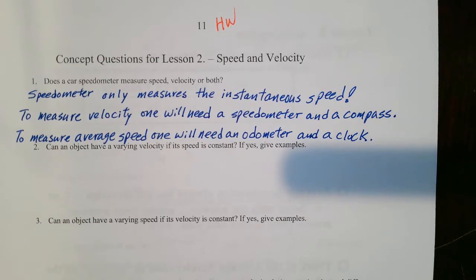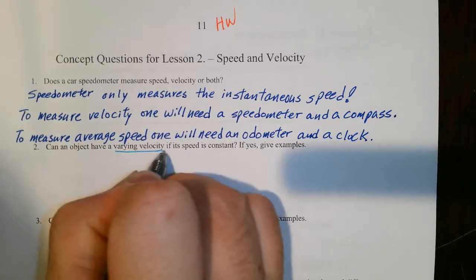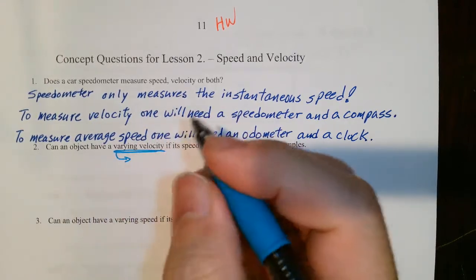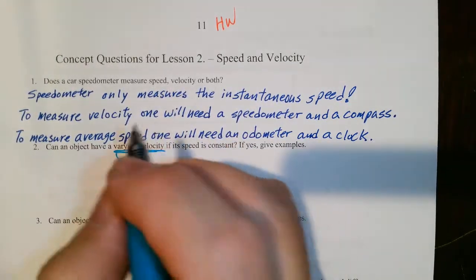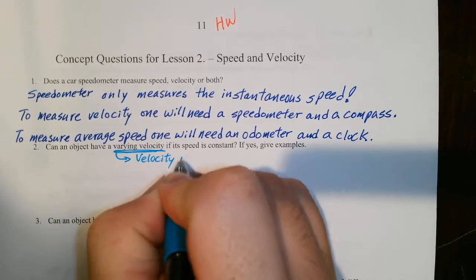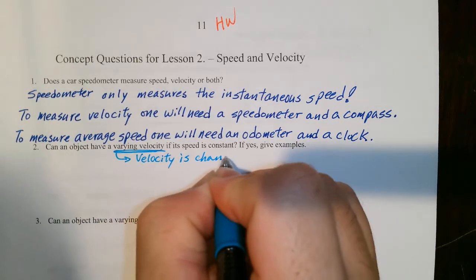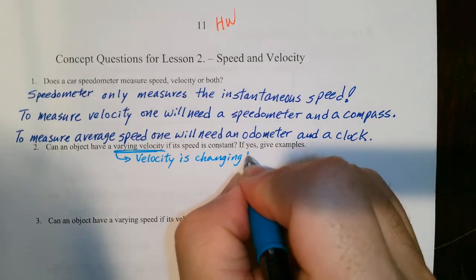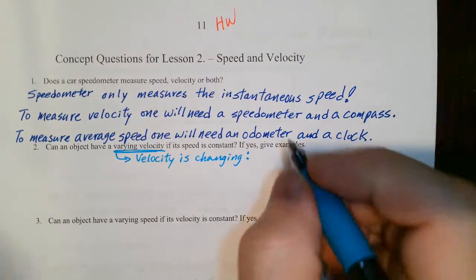Number two, can an object have a varying velocity if its speed is constant? Well, let's understand what this varying velocity means. It means velocity is changing, right? And there are only two ways you can change velocity.